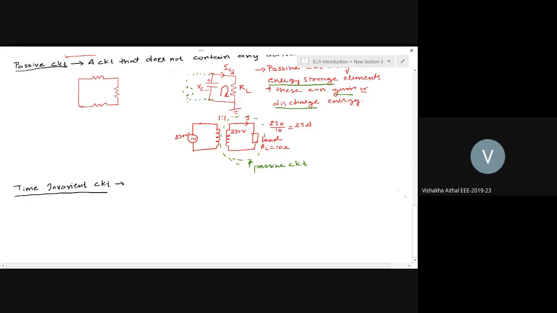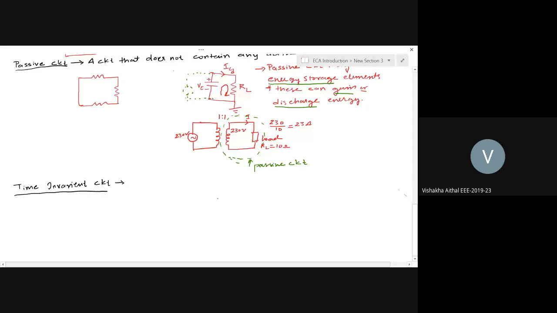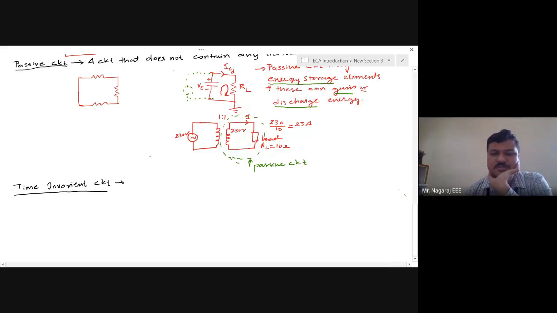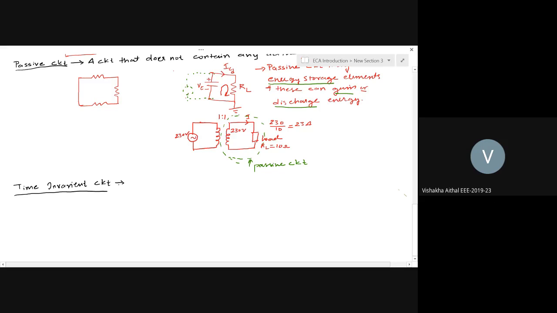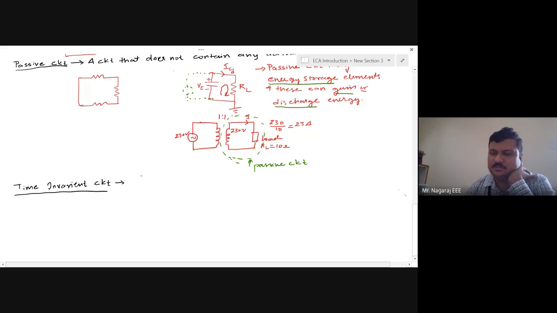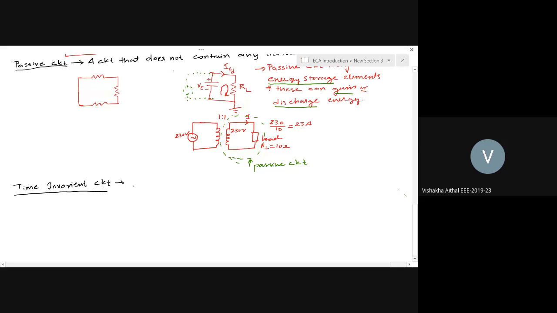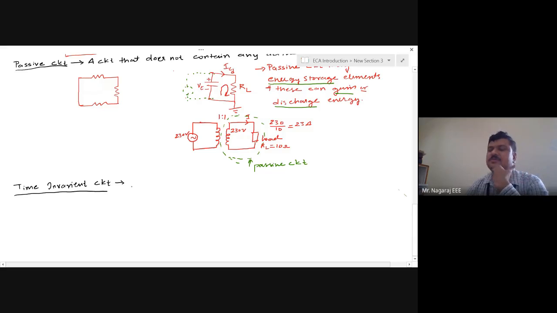Time invariant circuit I have written. What do you mean by that? A general understanding of yours. It does not vary in passing of time. There is no variation.